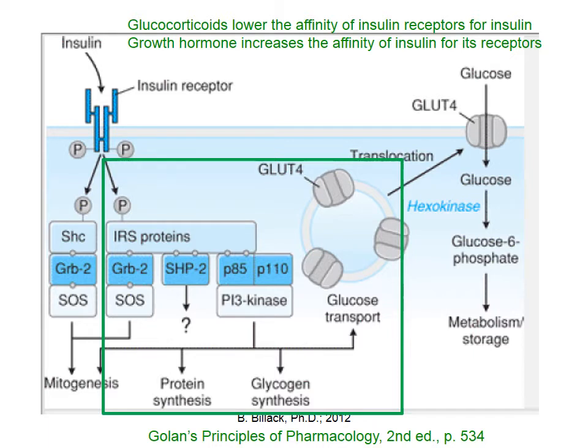Among them, targets that are involved in the activation of protein synthesis, in glycogen synthesis, and in the transport of GLUT4 transporters to the cell membrane. So as you look at this slide, there's a green box around some of these targets. And this is what we think of insulin when we think of it as efficacious for diabetes. Glucose coming into the target cell, being converted to glycogen and stored.